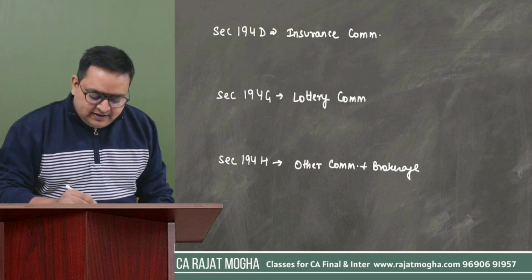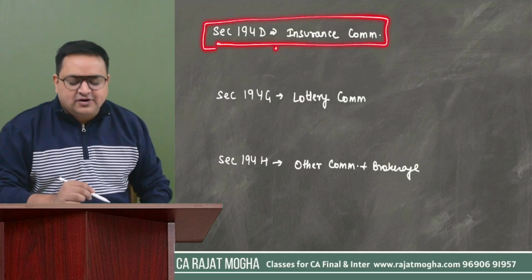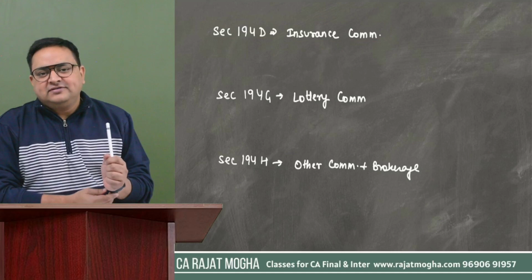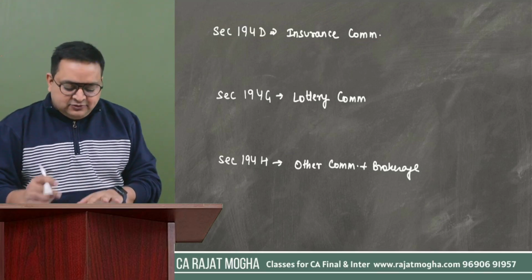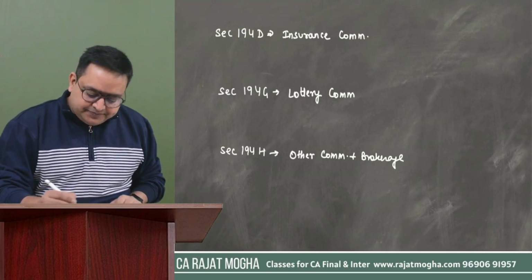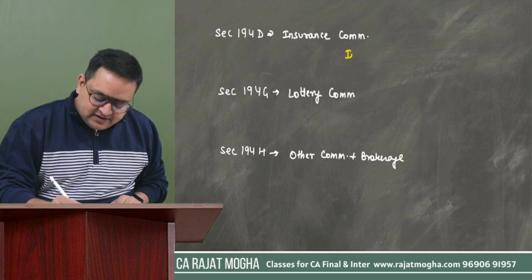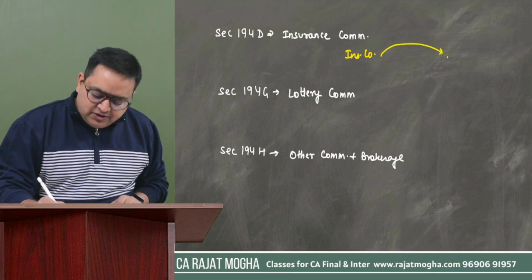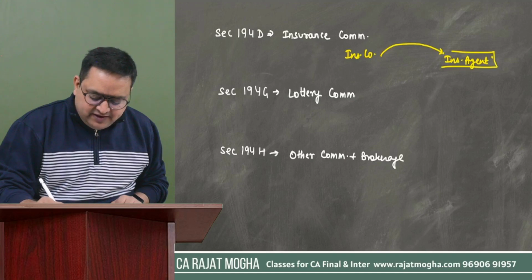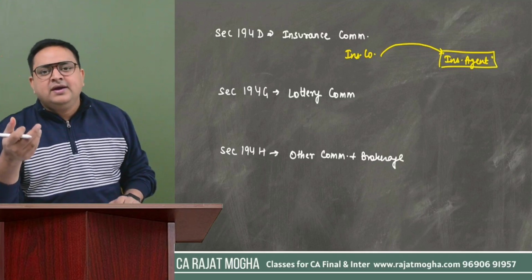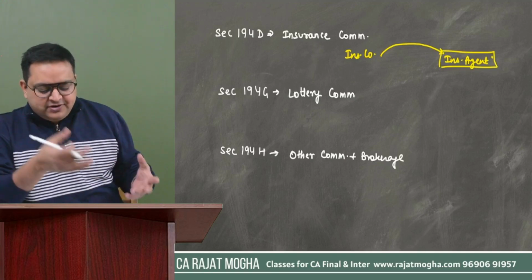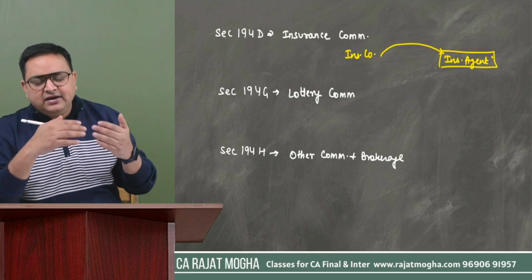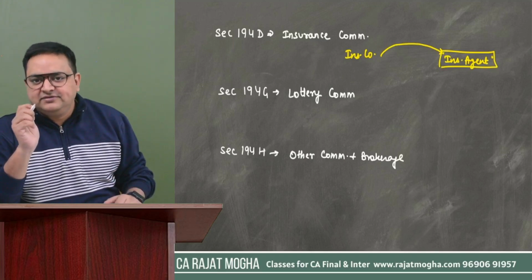So let me discuss 194D first. Insurance commission. Who gets insurance commission? Insurance agents. Let's say there is an insurance company and they give insurance commission to an insurance agent. Insurance agents are not employees, they are freelancers. They work on their own, and they solicit customers for the insurance company, and for that the insurance company pays them insurance commission.